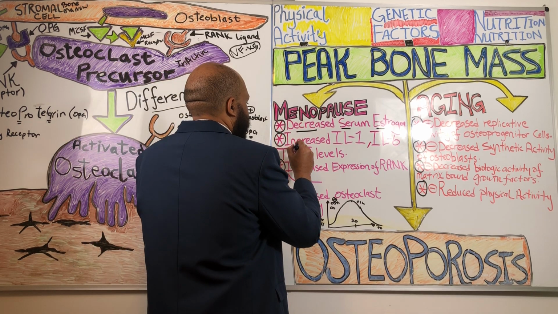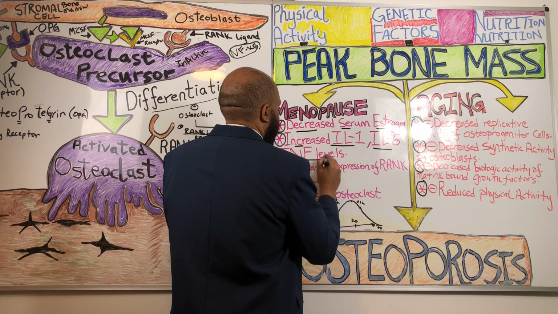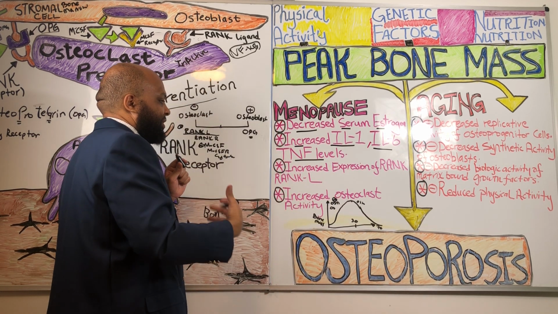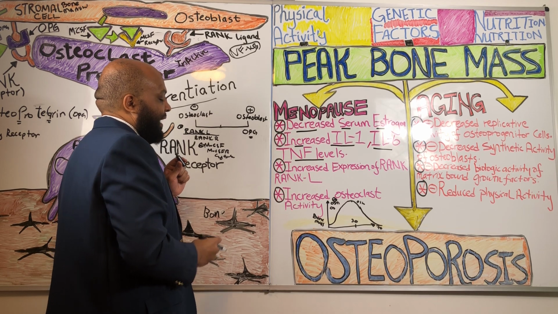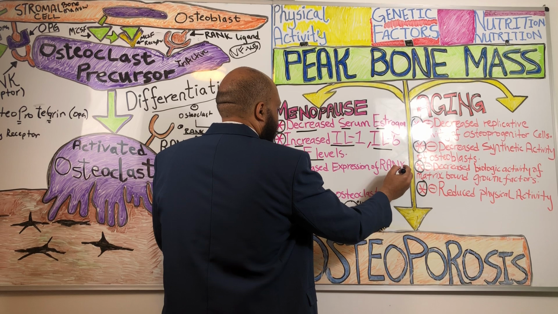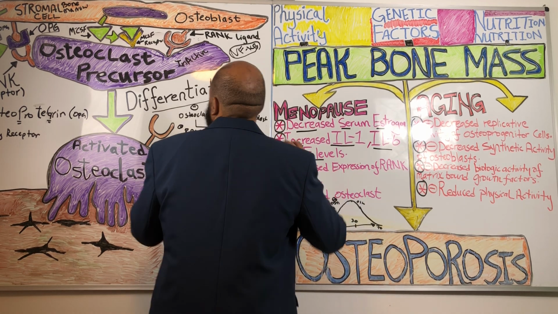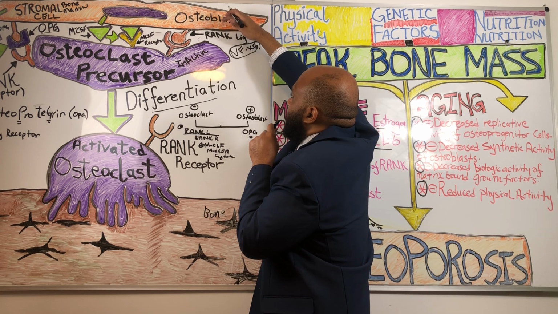What happens is there are increased interleukin 1, interleukin 6 and TNF levels, inducing an overt state of inflammation, and that leads to increased expression of the RANK ligand binding to the RANK receptor right here. So this would happen in females who are at menopause.